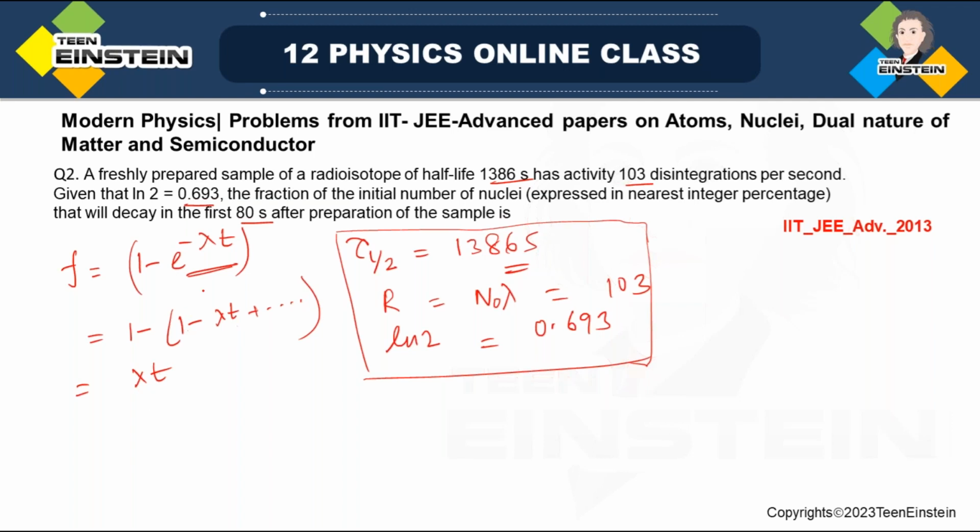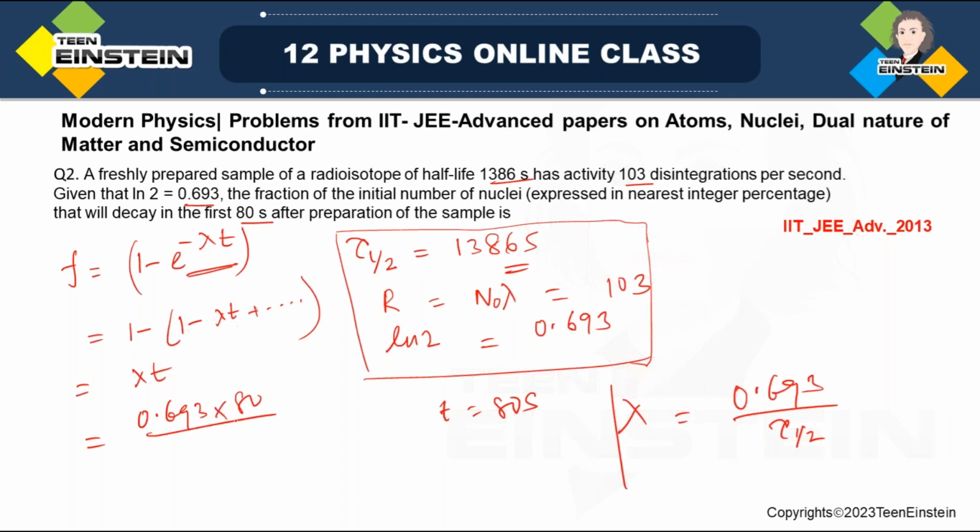T is given as 80 seconds, and lambda is obtained from t half: lambda is 0.693 divided by t half, which is given as 1386. This will be in percentage.